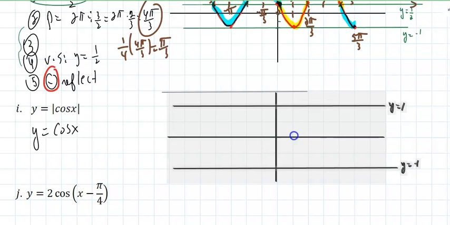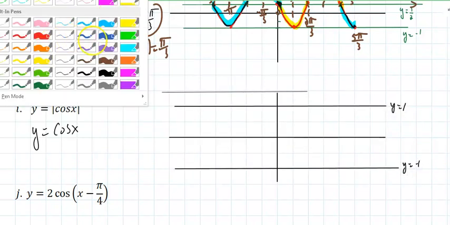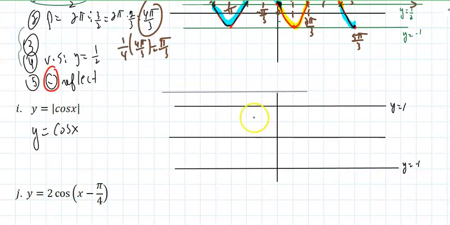I sketch the graph without the absolute value. Now, I'm going to make it dotted because this is kind of like my guinea pig. Start right there. And I do the labeling. I'm doing this dotted because, again, this is not the graph of the absolute value.